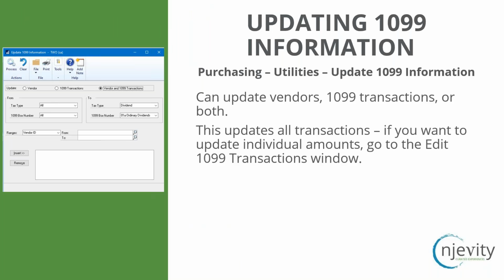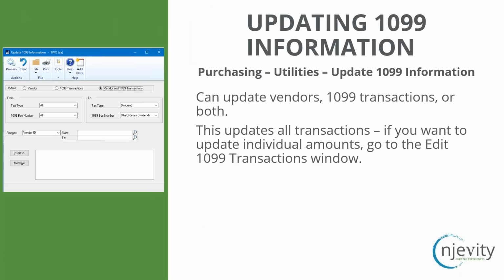One thing to note, if you're going to use the Edit 1099 Transactions window, is you can go in and manually fill in 1099 amounts for a given vendor. You can just say, this vendor should get a 1099 for $1,200. You're just plugging in a dollar amount. If you ever run a reconcile in accounts payable, it will wipe those amounts out because it looks at the actual transactions to see how they were flagged, and it recalculates.